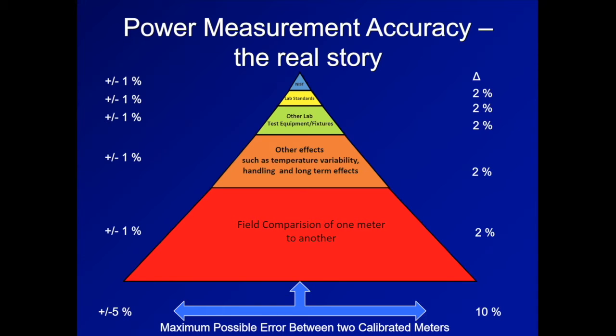Well, let's move down the triangle one more time here. This is the light green section of the triangle where it says other lab and test equipment / fixtures. Okay, so you want to build a power meter. You start with an RF sensor, and then you have to attach it to some sort of directional coupler.